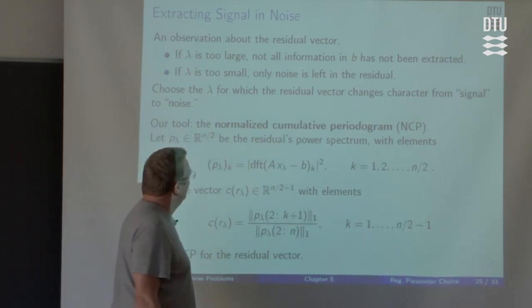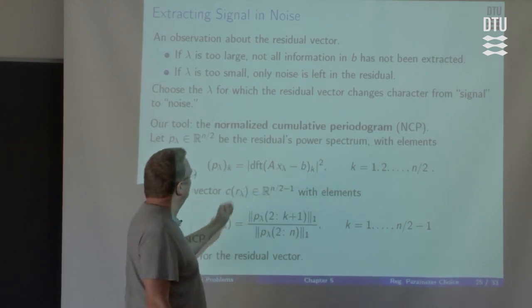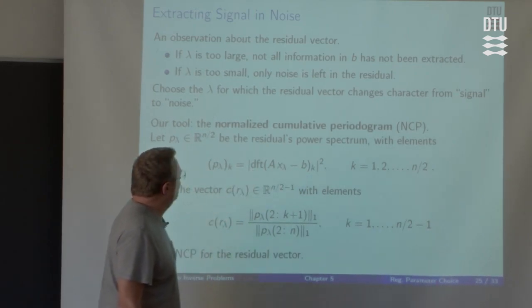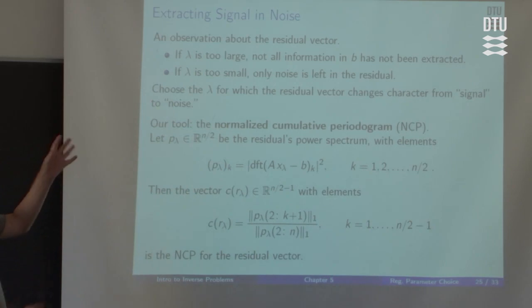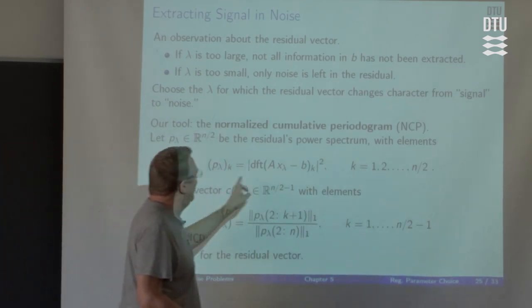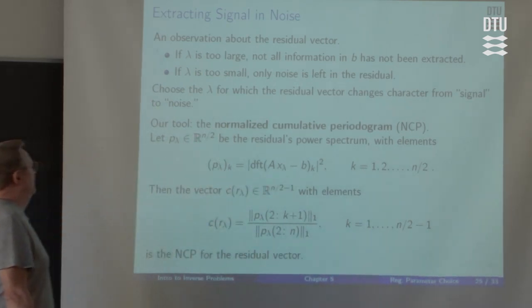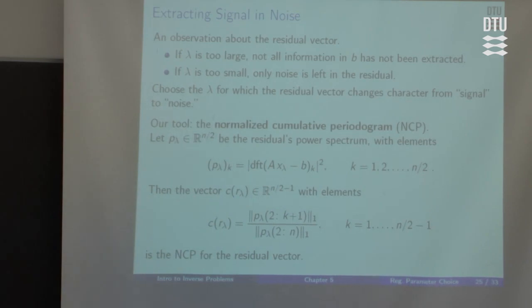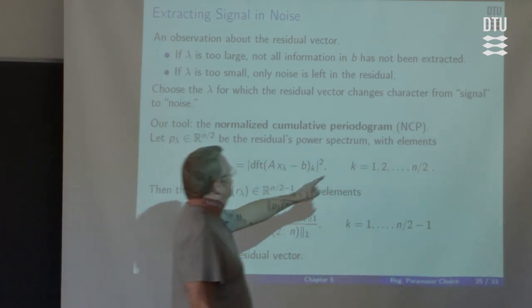So the power spectrum of the residual: you compute the residual and you compute the discrete Fourier transform of that. That's a vector. You square the elements of that, and that's your power spectrum, right? With indices going up to n/2. So that's the P.